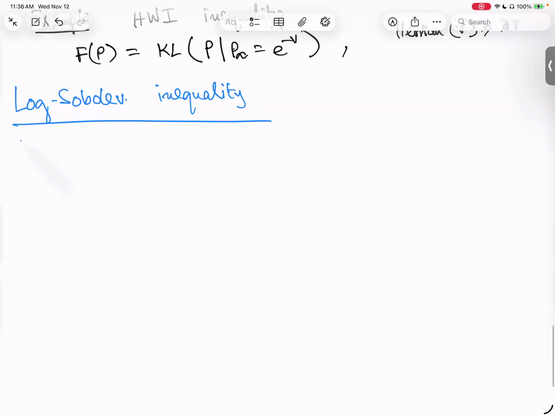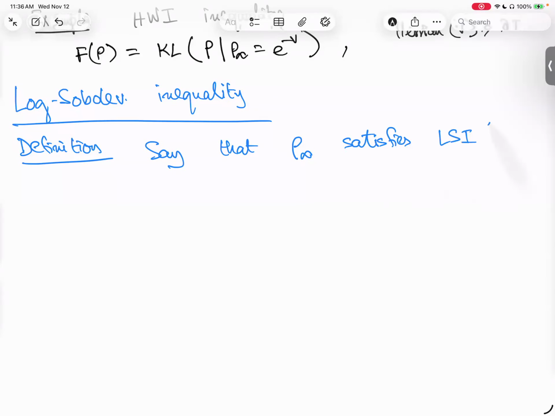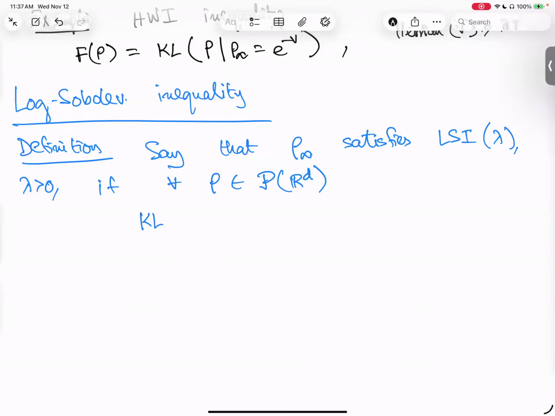So we say that rho infinity satisfies the logarithmic Sobolev inequality, LSI, with some constant lambda, where lambda is positive, if for all rho, any probability measure on RD, it doesn't have to have finite second moment, I get that the Kullback-Leibler of rho from rho infinity is bounded above by 1 over 2 lambda times the relative Fisher information from rho to rho infinity.